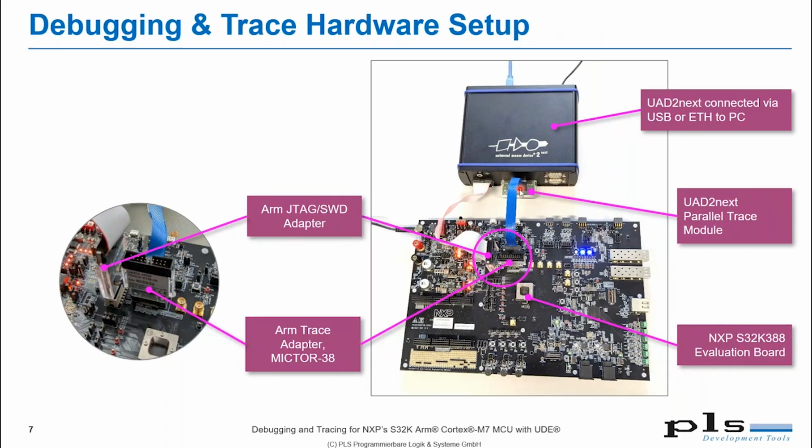You see also the trace module here, which is plugged into the UAD2 Next. Just for your information, the UAD2 Next can also be connected using Ethernet to the debugger, so you can also do some remote debugging.